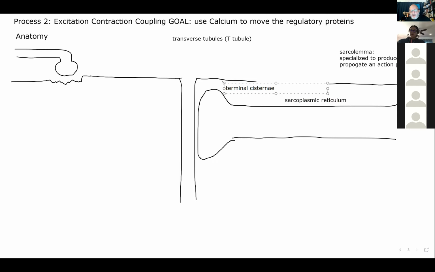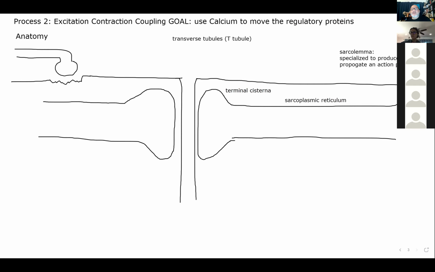Excellent. Although technically I just have one here, so terminal cisternae singular. But the reason I put the plural is because we know that there's going to be another sarcoplasmic reticulum with another portion of enlargement on this side as well. And in fact, I'm going to cheat and move my labels over to this side. And these three things together, the two terminal cisternae and the transverse tubule, collectively are called what again?